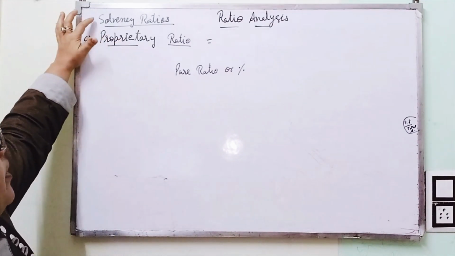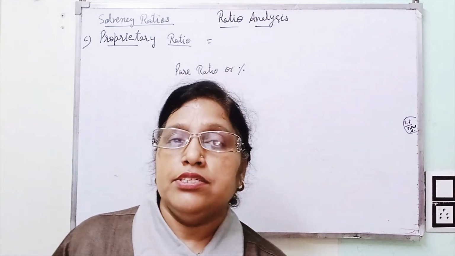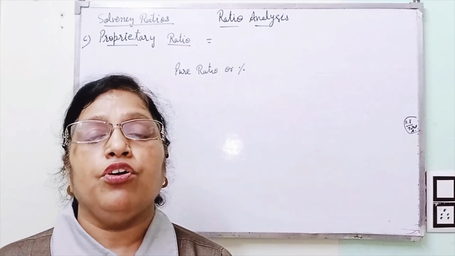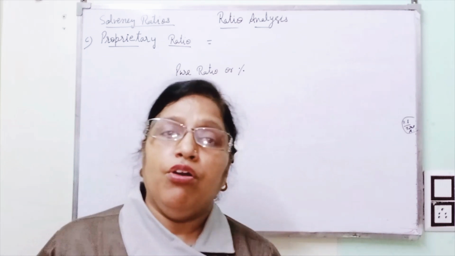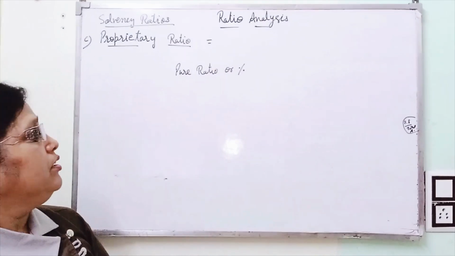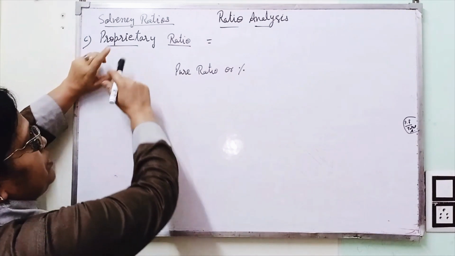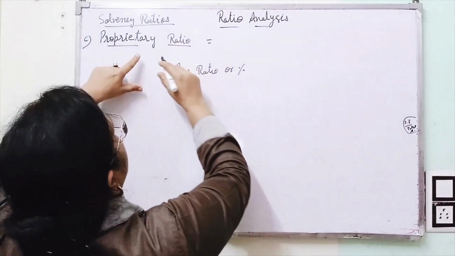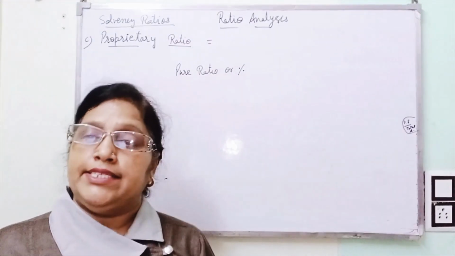First of all, I again want to tell you about solvency. Solvency means the obligation of payment of the firm within the period of time or on the maturity date. In case of proprietary ratio, as the name indicates, it is the relationship between proprietor's fund and total assets.